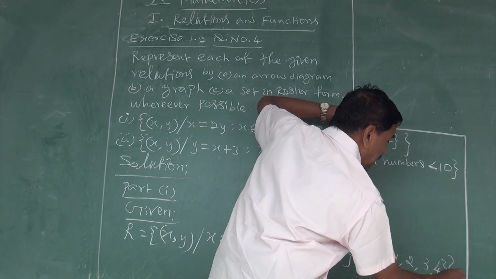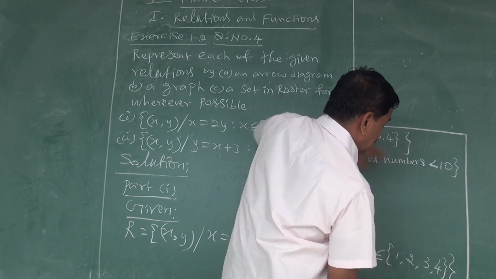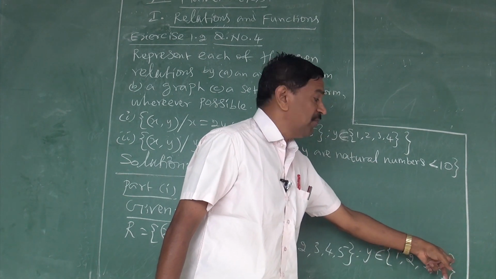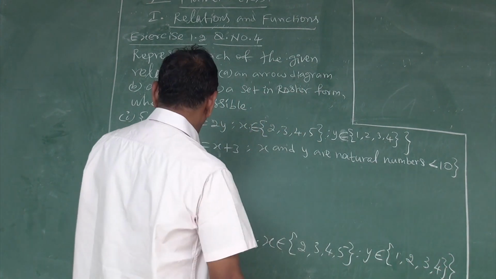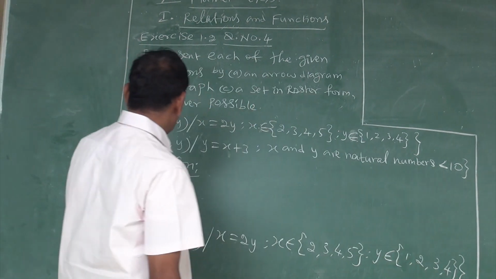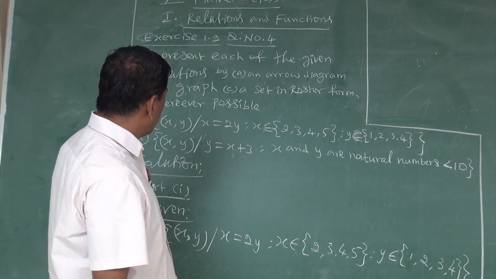Complete the flower bracket. This is the starting flower bracket and this is the completing flower bracket for the set builder form. That is important. So in part 1, first you write given.